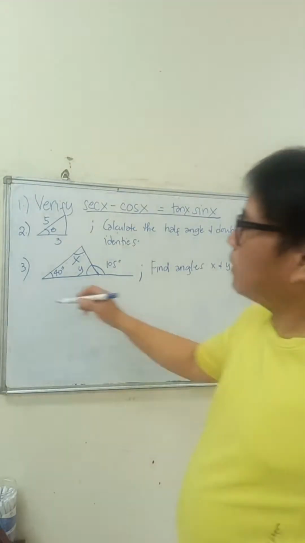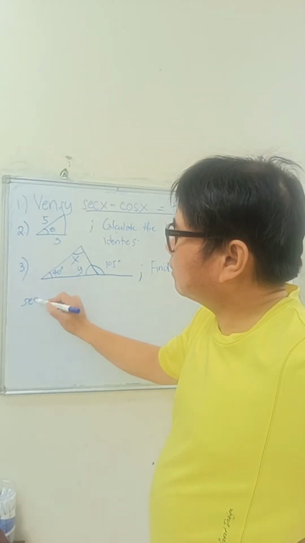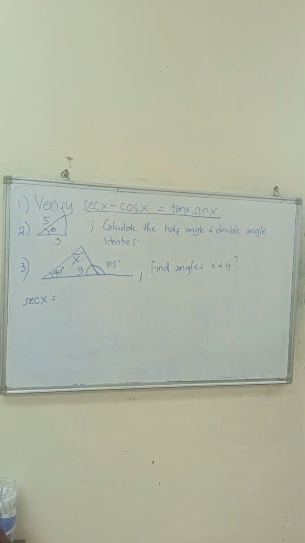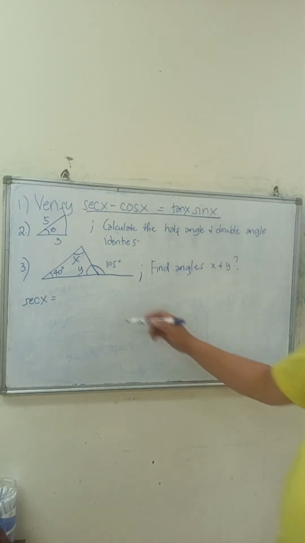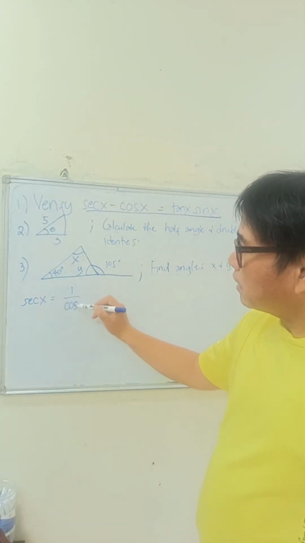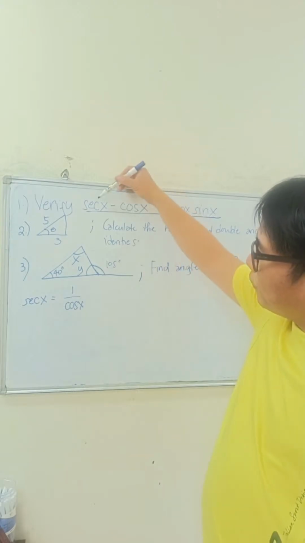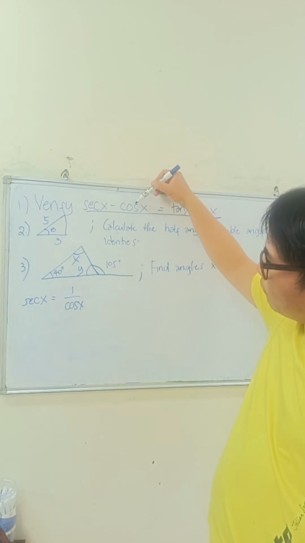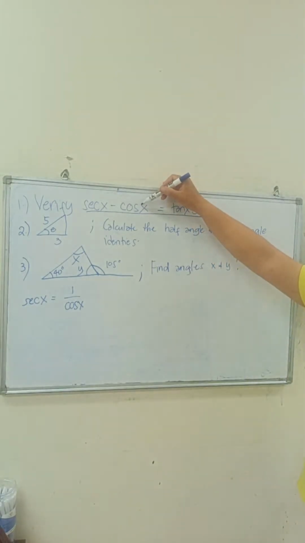So secant x. What is the definition of secant x? Secant x is the reciprocal identity of cosine x, that is 1 over cosine x. This is the first term. The second term is cosine x, so you don't have to worry because it's already cosine.